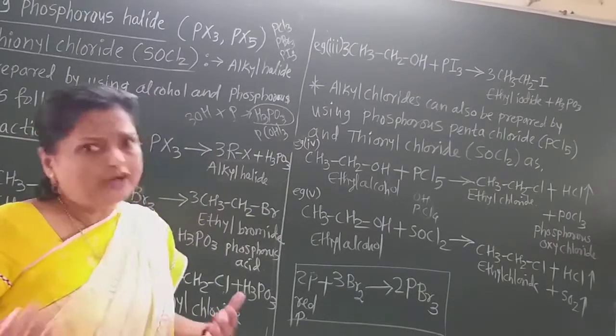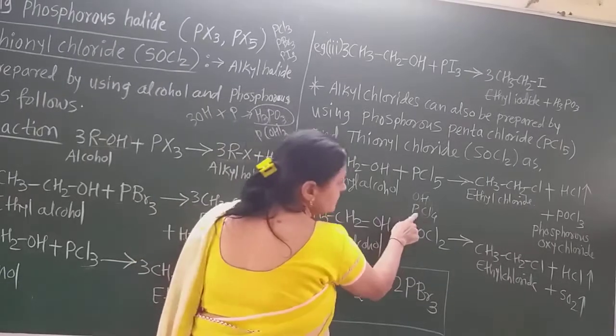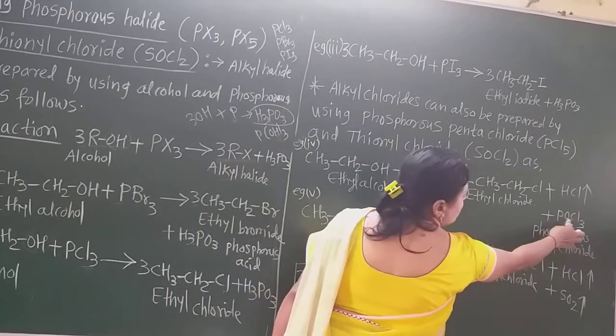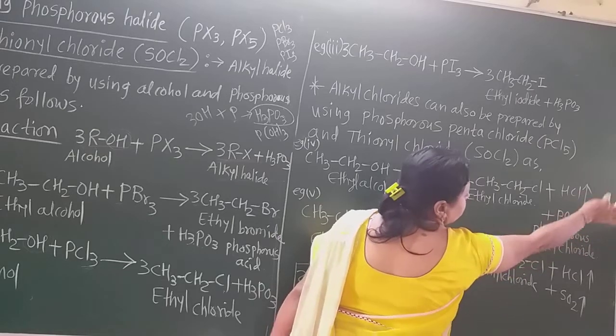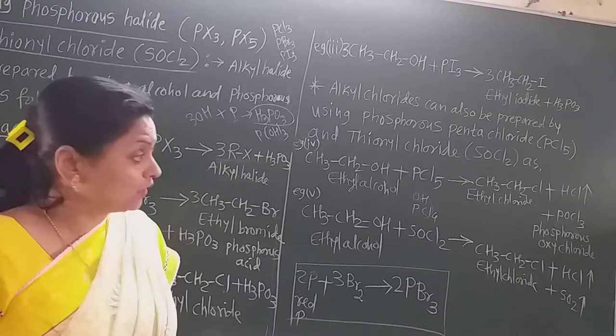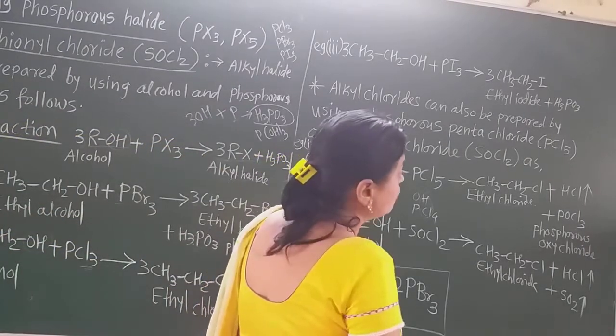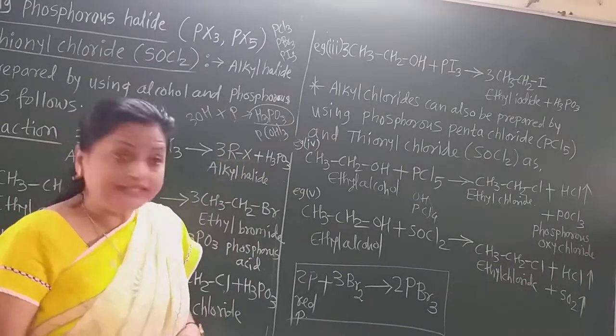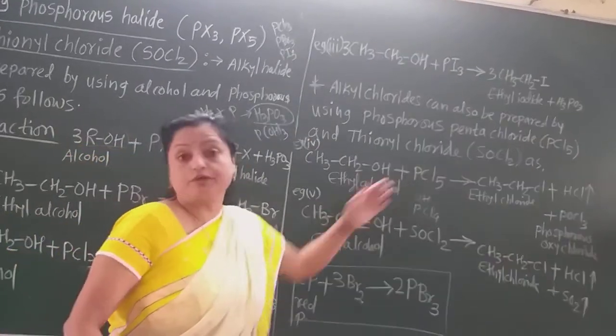Now what is remaining? The phosphorus, 1 oxygen and 3 chlorines. So there is the formation of POCl3, phosphorus oxychloride. Always give the name as phosphorus oxychloride. So phosphorus oxychloride, HCl, and ethyl chloride or chloroethane are obtained by using phosphorus pentachloride.